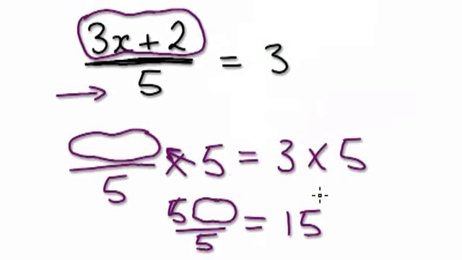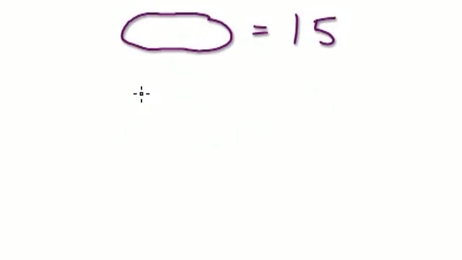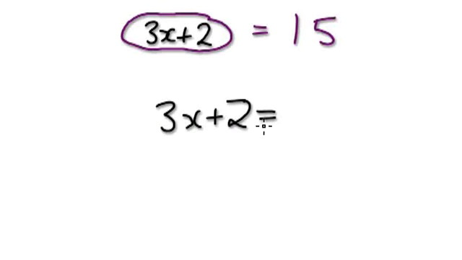But what was the bubble? The bubble was 3x plus 2. So you can put 3x plus 2 in here. Now you've got to solve 3x plus 2 equals 15.